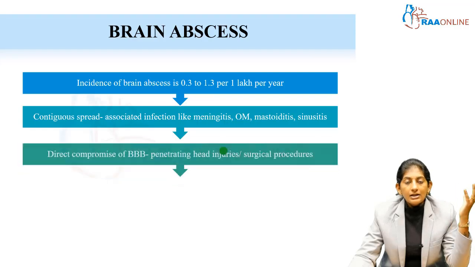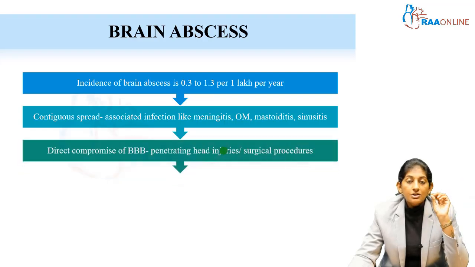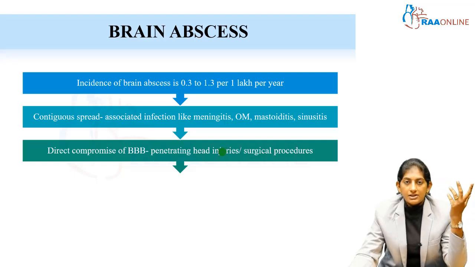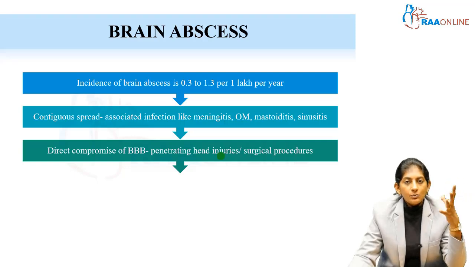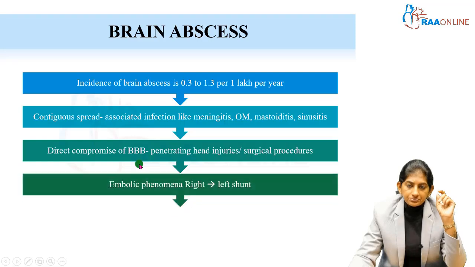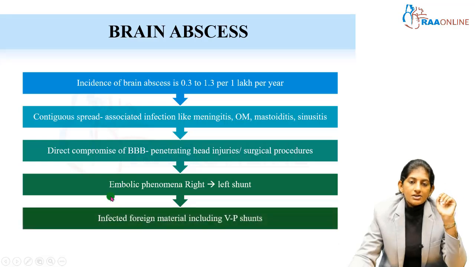Or there can be a direct compromise, whenever there is trauma, a penetrating head injury, or a surgical procedure where a shunt is placed, like a VP shunt or Ommaya, which will serve as a focus for the brain abscess. One more is children who have a right to left shunt, and septic emboli is also a cause.